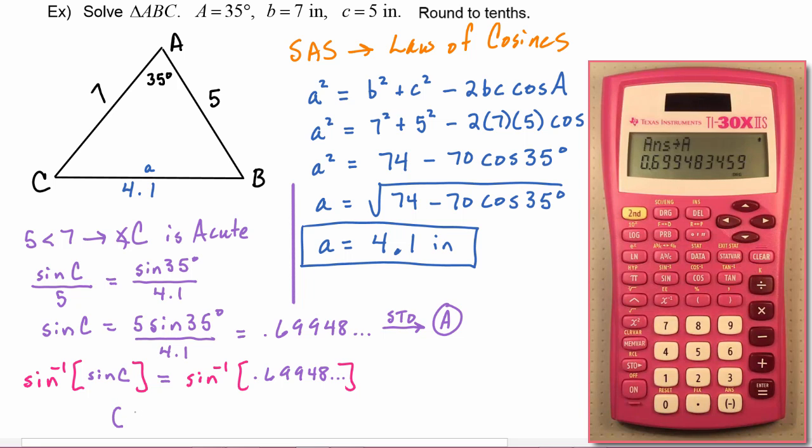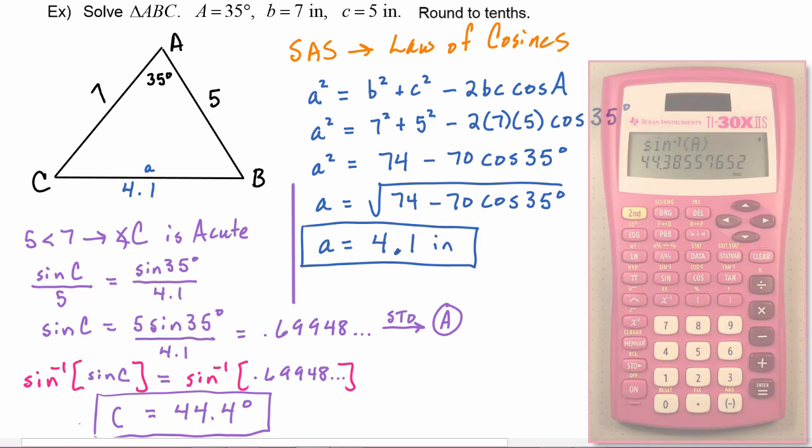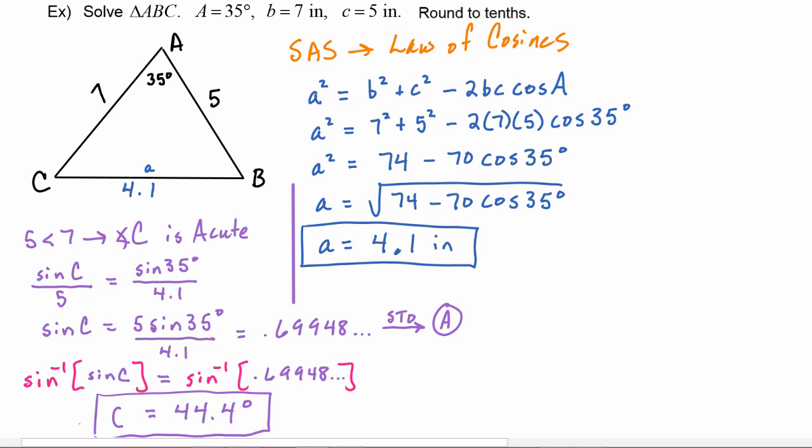And we know that C is going to equal, grab our calculators, second sine inverse, memory variable A, enter, close your parenthesis, enter, and we find out that angle C is 44.4 degrees. And we can label that in our picture now.